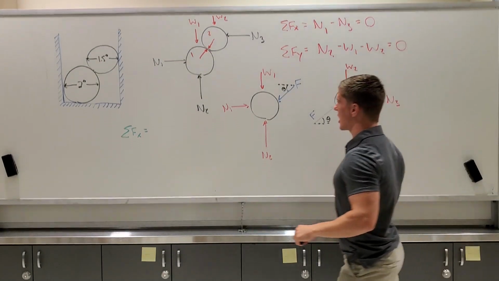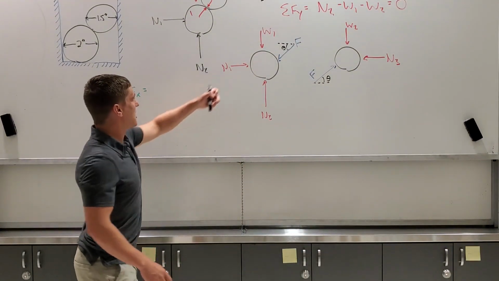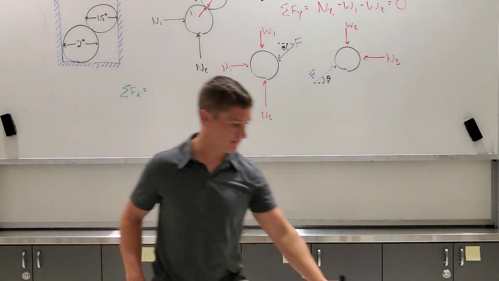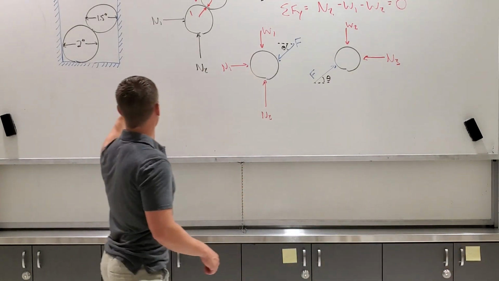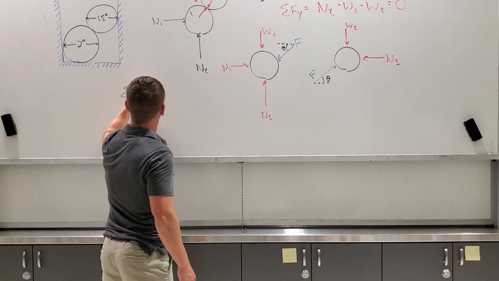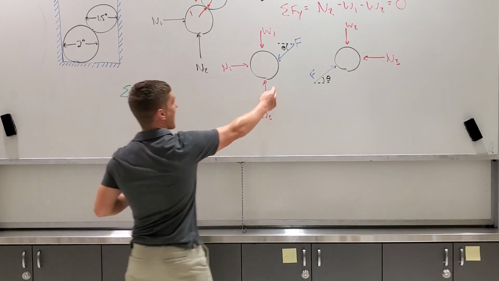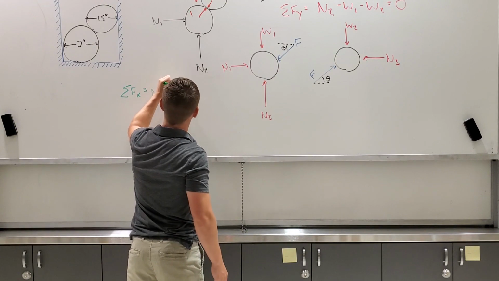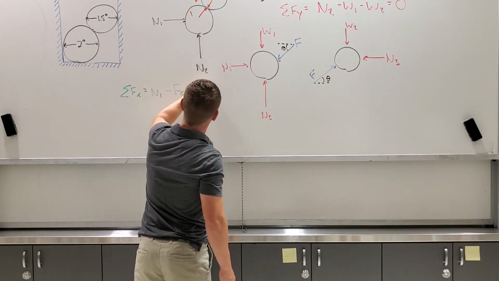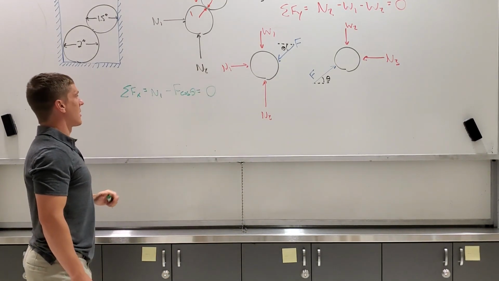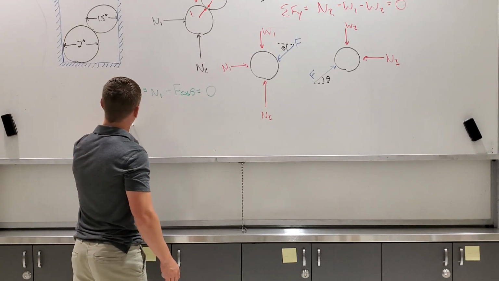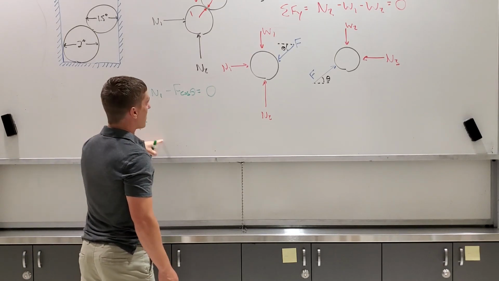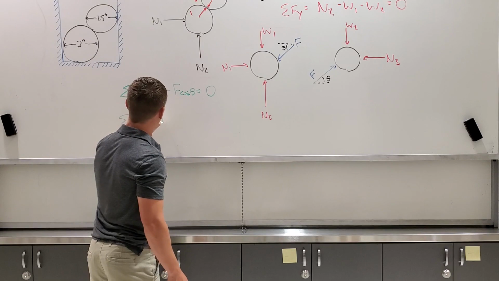Okay, so I can say that the sum of my forces in the x direction is I have an N1, which is positive to the right, and then I have an F cosine theta, which is going to be negative to the left, equal to 0. And then the sum of my forces in the y direction: I have an N2, which is positive up.